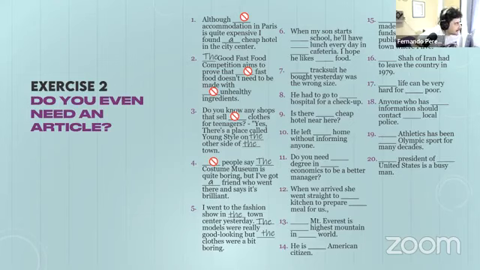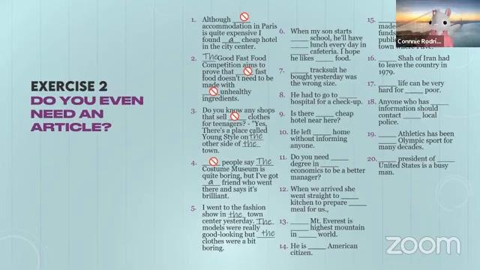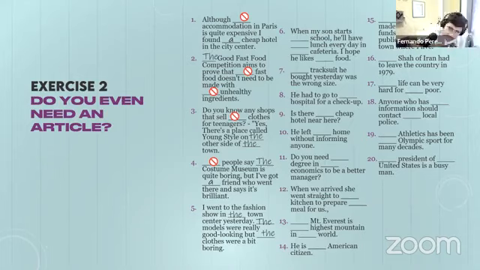Very nice. So we still have number 6. When my son starts school, he'll have lunch every day in the cafeteria. I hope he likes the food. Perfect. All the lines needed articles.